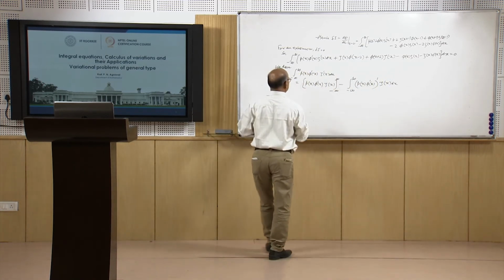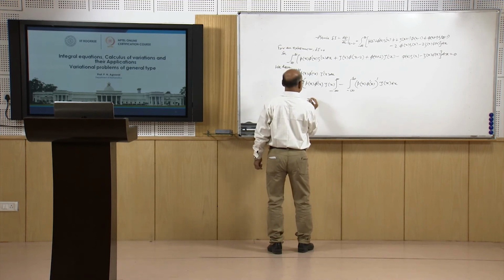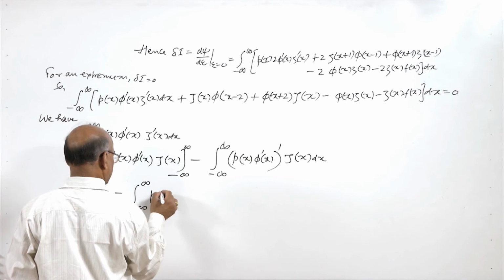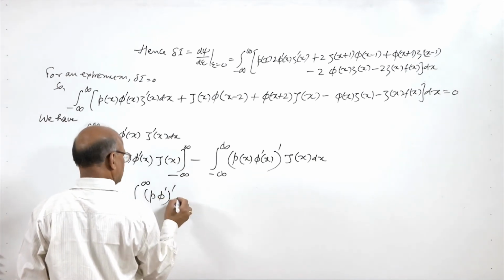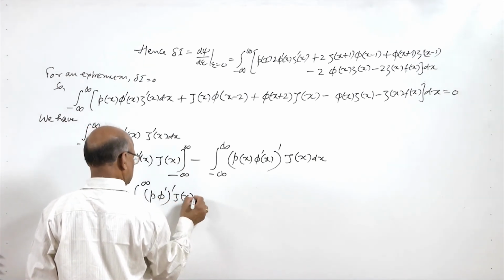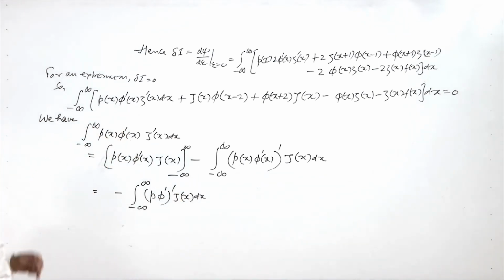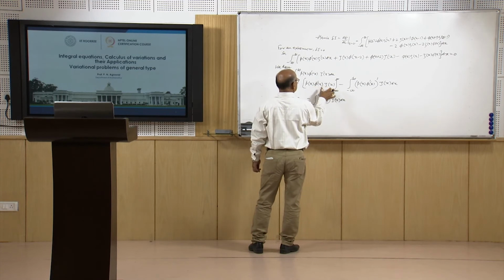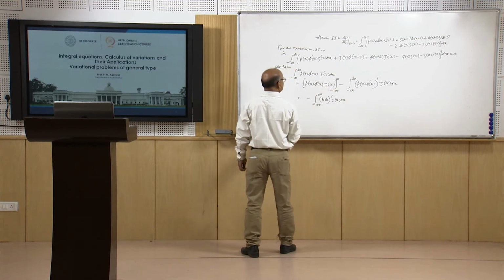Which is equal to minus integral from minus infinity to infinity p phi dash into zeta x dx, where we assume that p(x) tends to 0 as x tends to plus minus infinity. So this quantity goes to 0 as x goes to plus minus infinity.